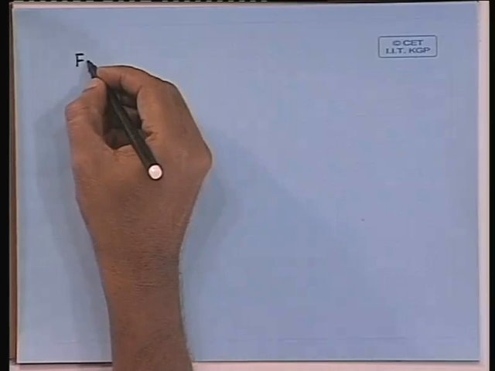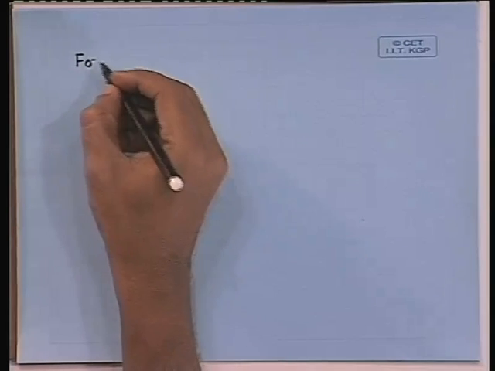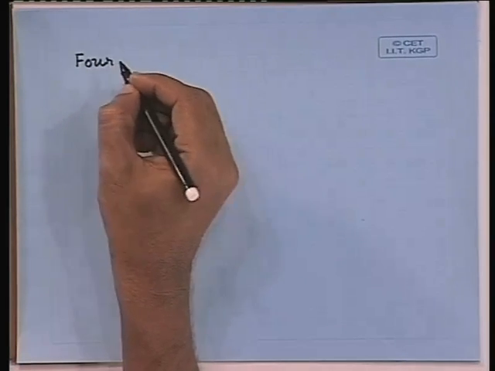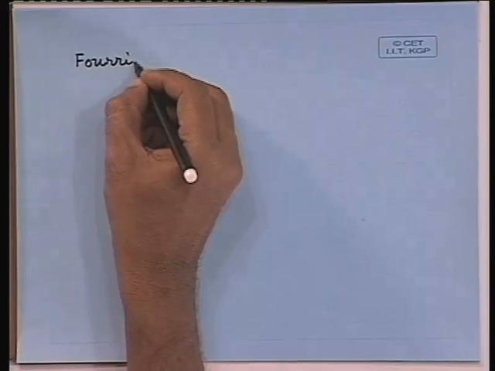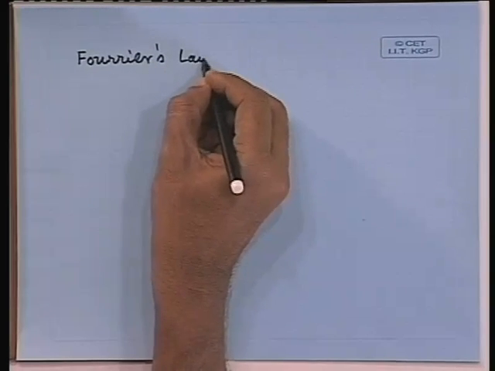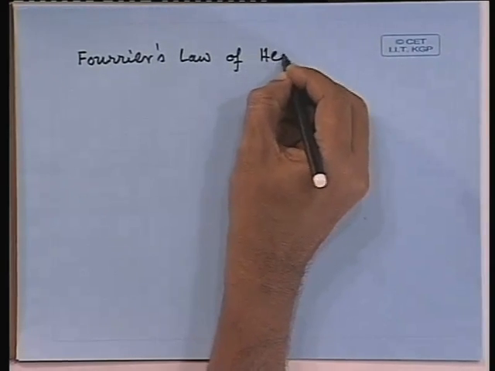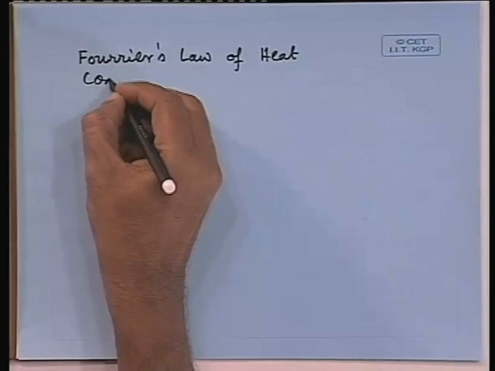All right. So, knowing this, what we can do is like this. The law which is the basis for analysis of conduction is known as Fourier's law of heat conduction.